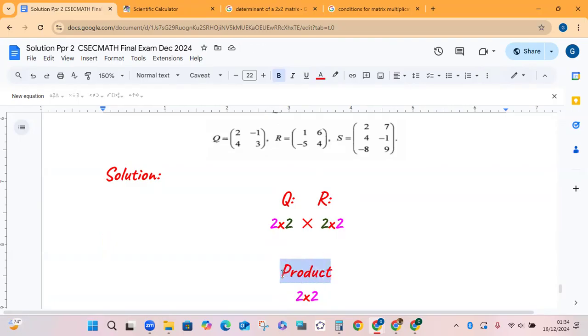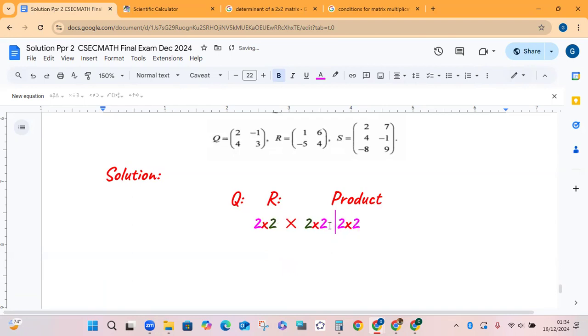Okay. To make more space, we can put this on the same line there, and put this on the same line there. We also get a 2 by 2, and multiplication is possible.